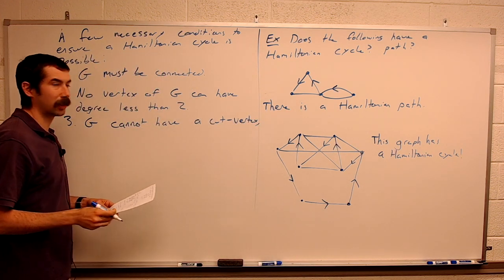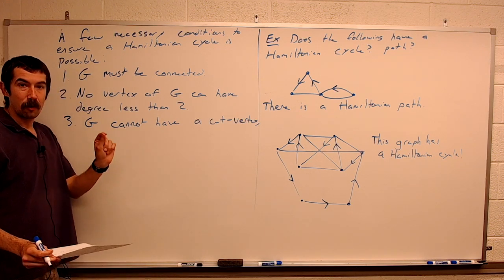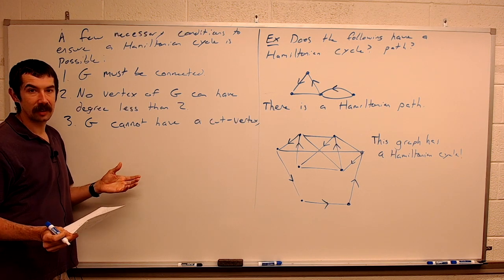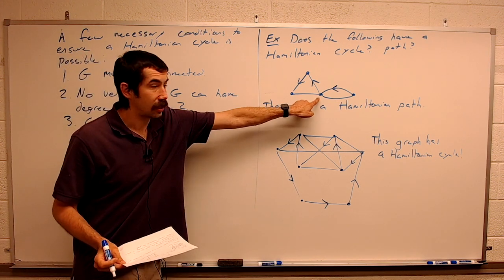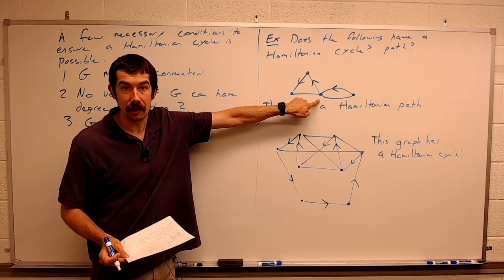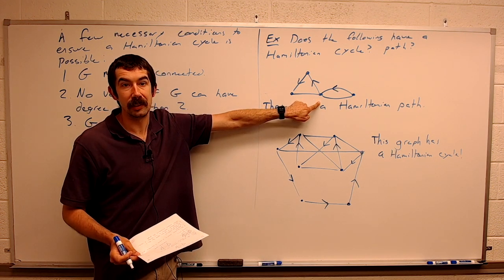Okay, what is a cut vertex? It's a vertex where if we remove it, the graph becomes disconnected. This is a cut vertex. If we got rid of this vertex and all the edges out of it, we'd be left with a disconnected graph.